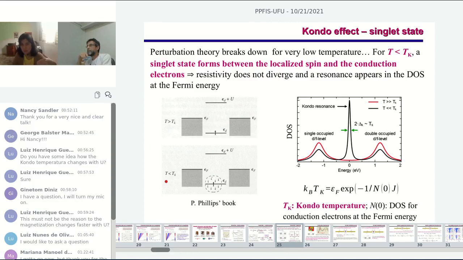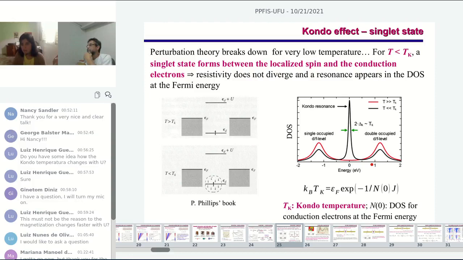As we decrease the temperature, we can have the formation of a singlet between the spin of the impurity at the impurity site and the conduction electrons. And this gives rise to a resonance at the Fermi level in the case when we have this Kondo effect. We have the formation of the singlet state.